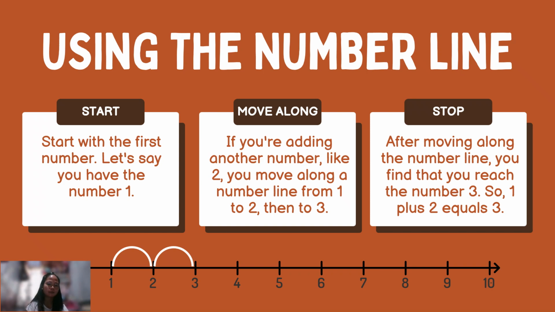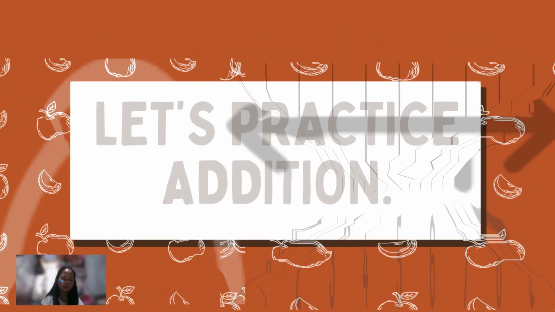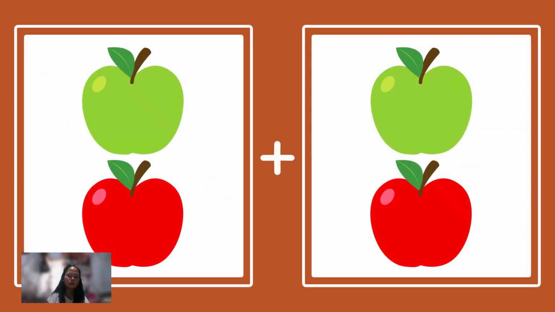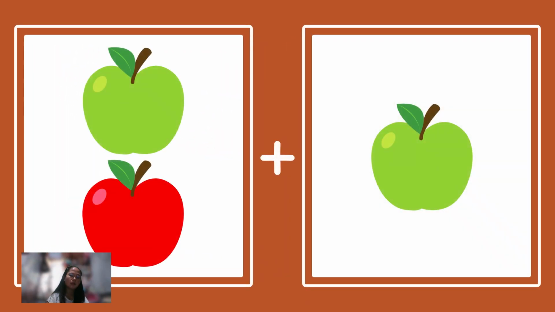So let us try. Let's practice. I have 2 apples here. 2 plus 2 is equal to 4. Another example. You have 2 plus 1, that is 3.